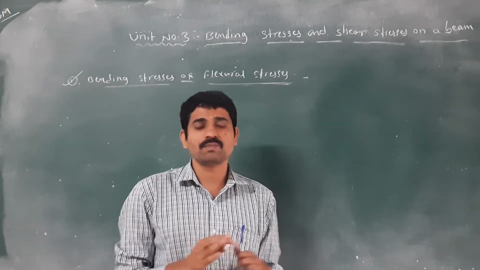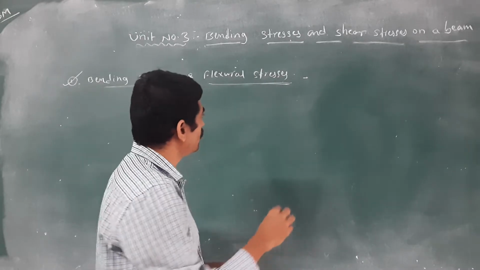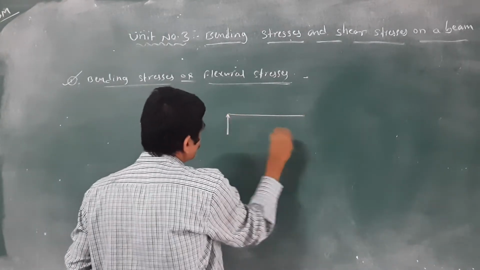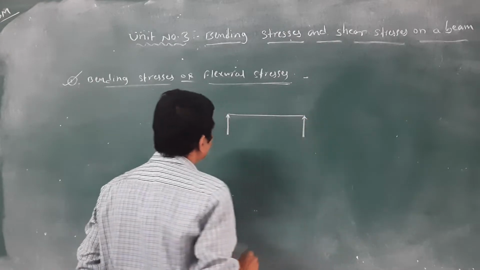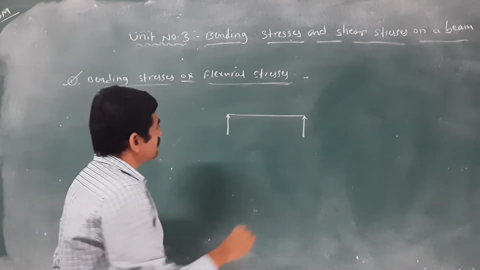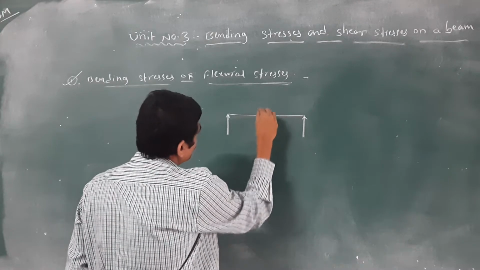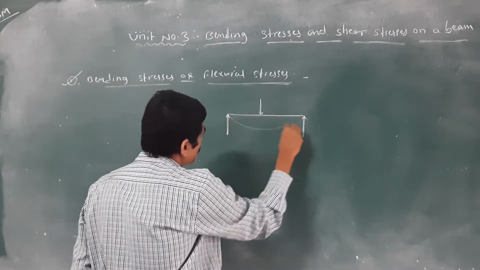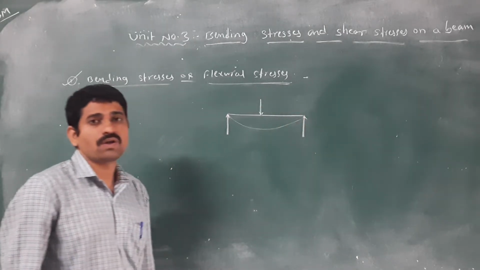Remember that if there is an external load, we will take the example of a simply supported beam. If you act some external load on that beam, suppose here is a point load, then this beam will be bent from its original position.